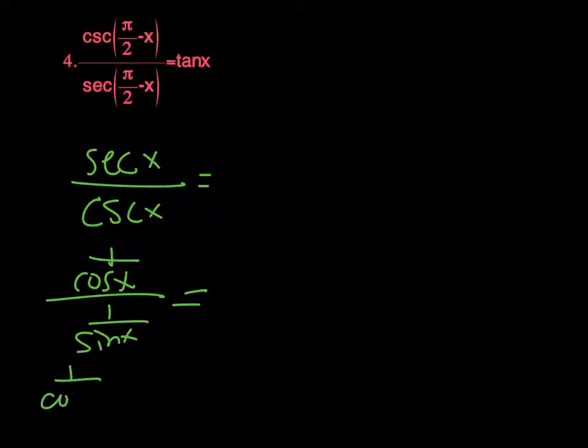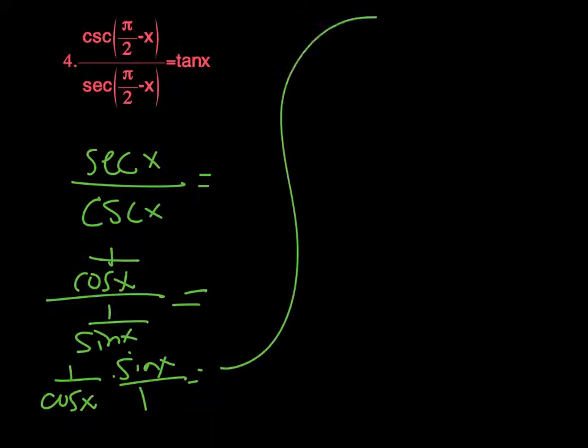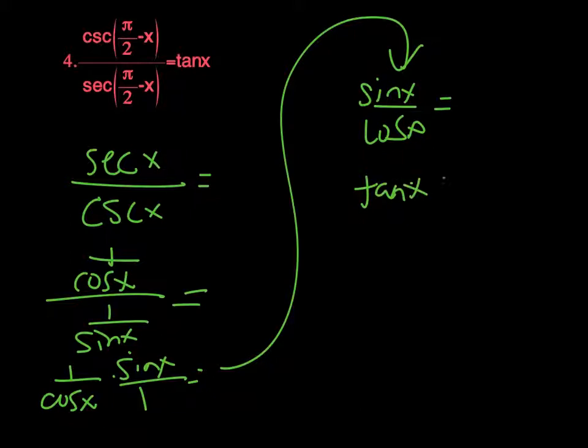So if I copy dot flip this, that's going to give me sine over cosine, which is tangent. And that's what I wanted it to equal.